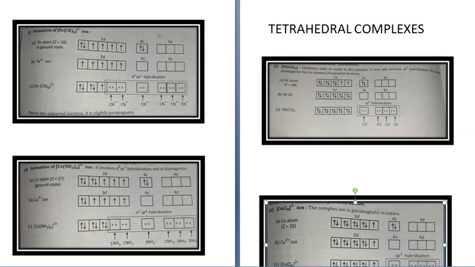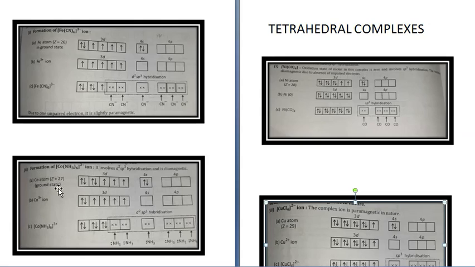Now I've not shown you the diagram here, but let us just consider a case of sp³d² hybridization. For example, [CoF₆]³⁻ ion. Now cobalt, you already know cobalt. Atomic number is 27.